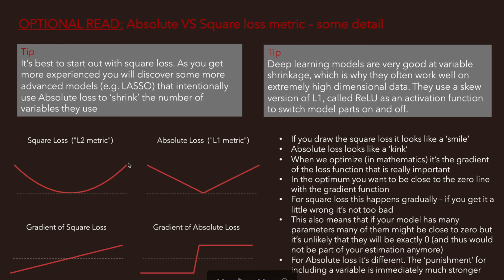So imagine one scenario, you're trying to build a stock market model. What you really want to avoid is predicting something that leads to really bad loss in the end. You don't mind if the accuracy is not always that perfect, but under no circumstance do you want to have that really big loss on any one day, right? So in such cases, the square loss tends to be a bit more suitable.